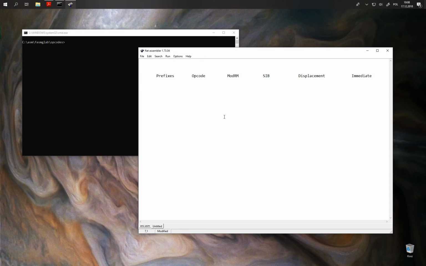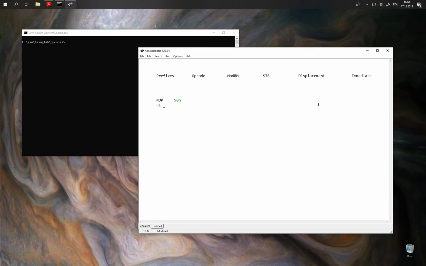Of all these fields, only opcode is the mandatory one. For example, an instruction like NOP, 90 hex, is just an opcode byte and nothing more.